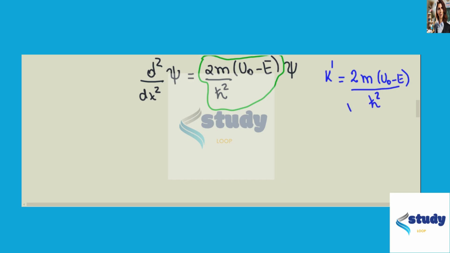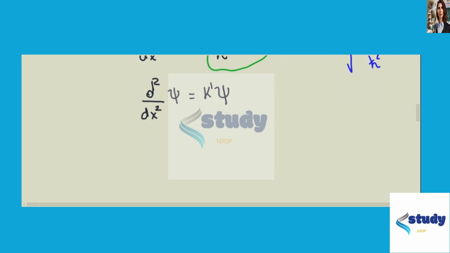So d squared phi dx squared is equal to k prime squared phi, and the solution is c times e to the minus k prime x plus, actually, let me not use a, I'm going to use c and d because I had already used a back in question A. Okay, so this is our equation, this is our solution.